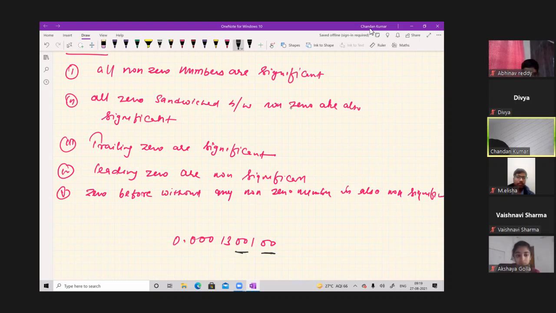Trailing zero means after a non-zero number, it will be trailing. This is called sandwich zero. This is called leading zero. Now, to remove confusion, if there is a number in front of it, it will not be a leading zero. It will be a sandwich zero.